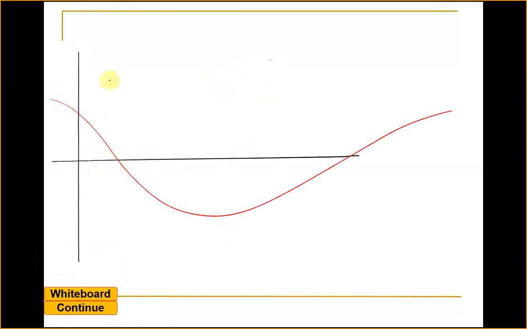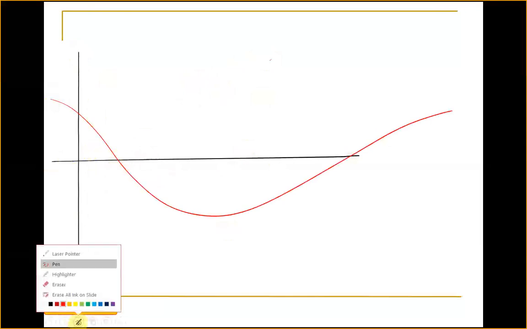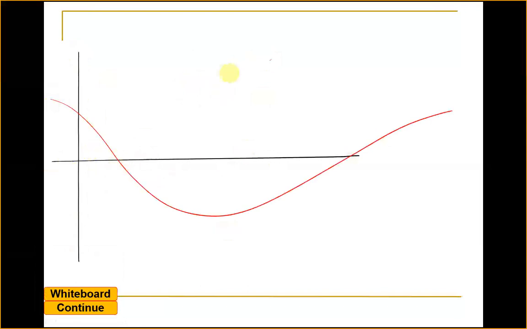So let's say between 0 and this location, I'm going to use a highlighter to identify my bounds. Okay, and so my root is somewhere in between here.